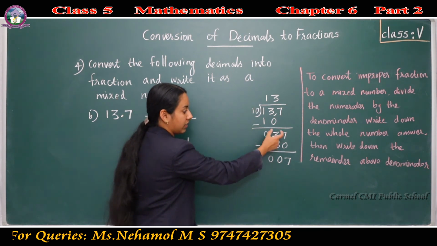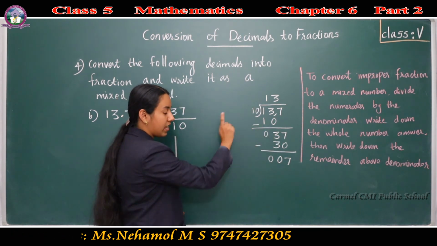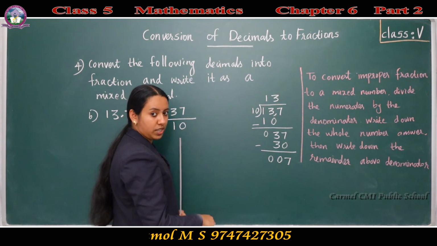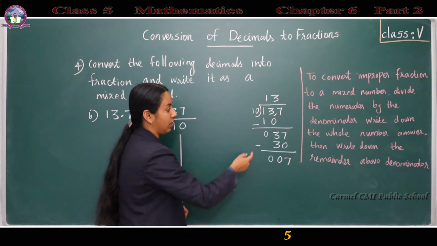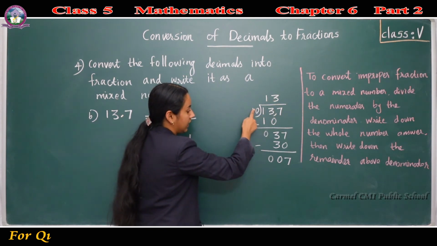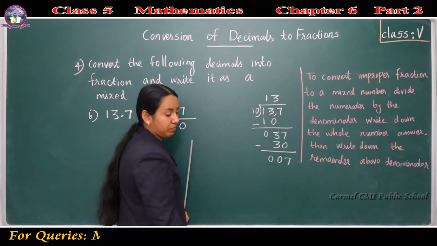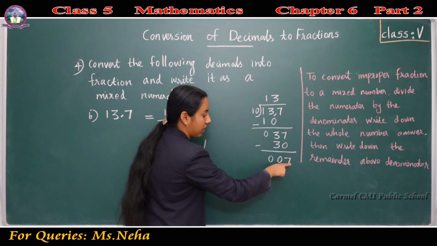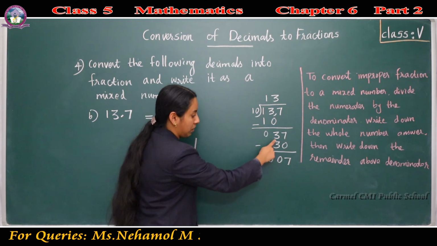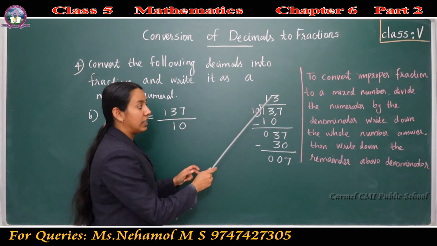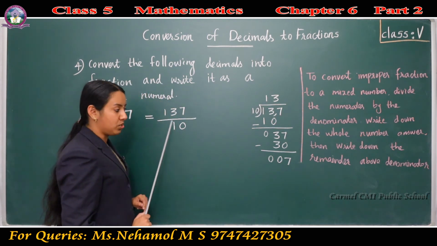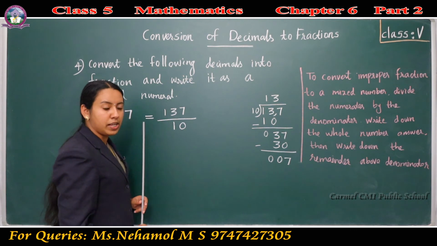How many tens are there in 37? 3 tens are 30. Subtracting again, 7 minus 0 is 7, 3 minus 3 is 0. So we got 13 as the quotient and 7 as the remainder.